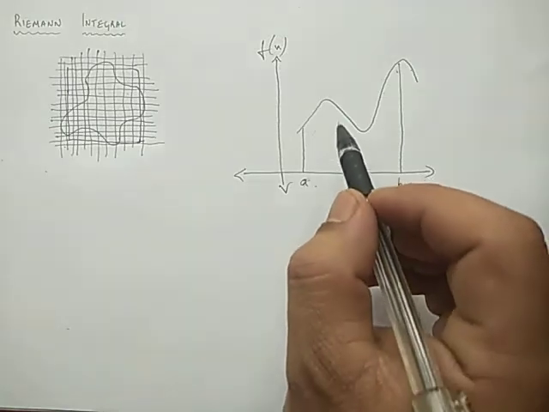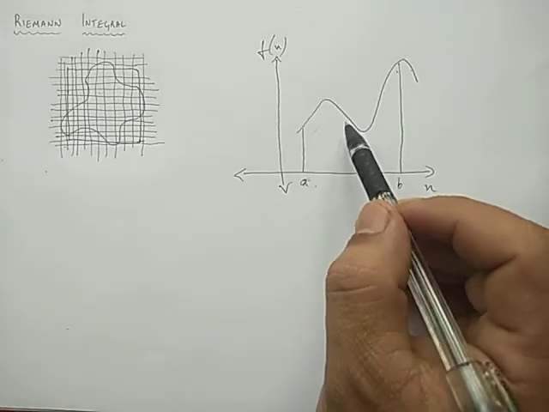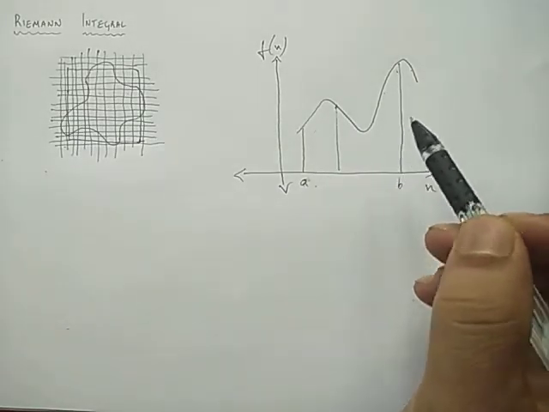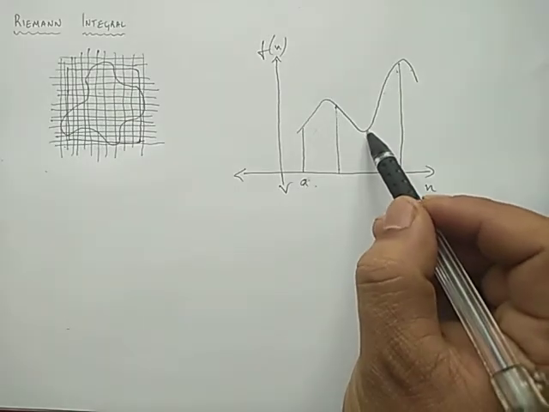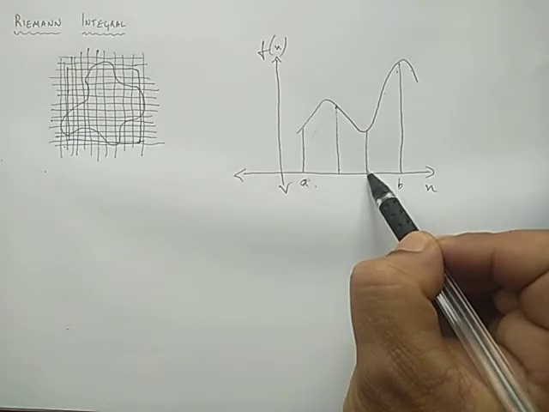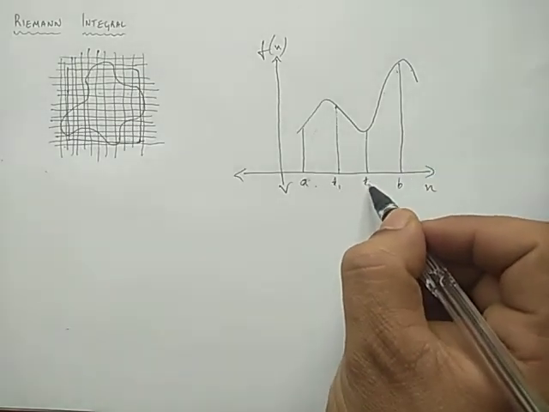So what we can do is divide the interval AB into, let's say, suppose we first divide it into three intervals. Suppose I say this one is T1 and this one is T2.